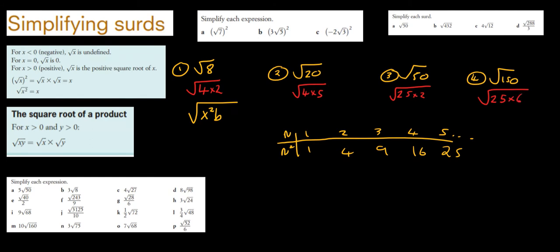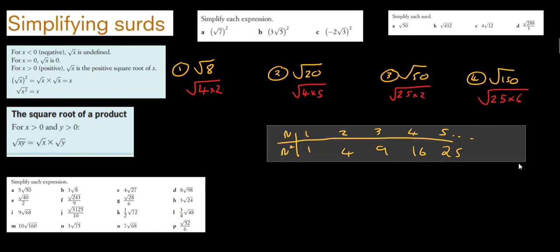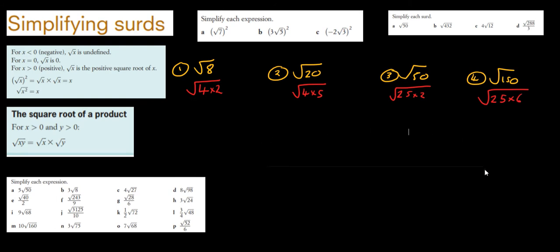So let's do our second line here. I'm going to leave this at the top. This is what we need to get. This is the format we need to get.